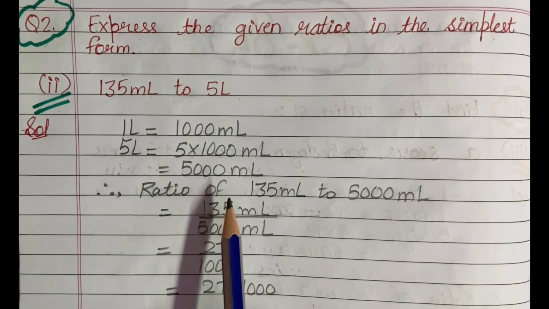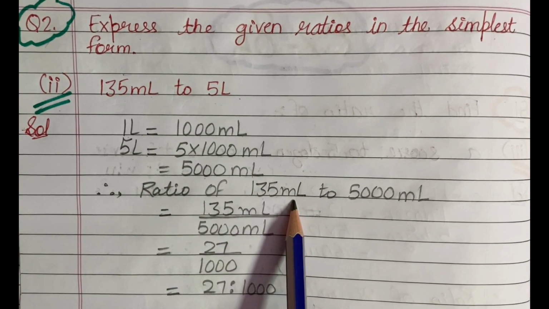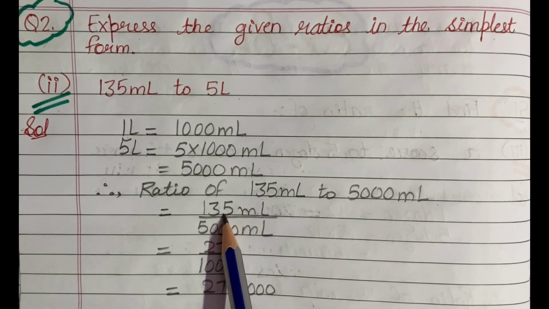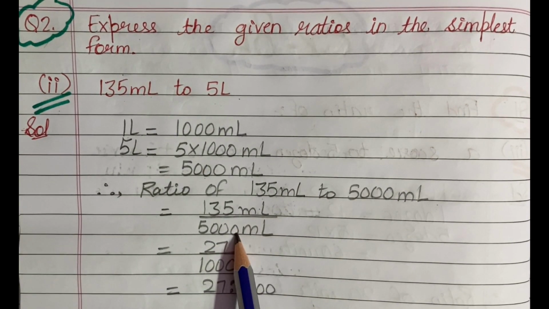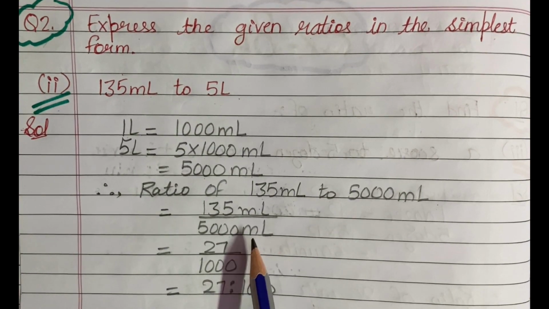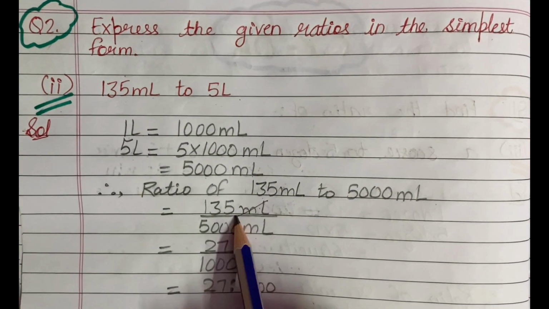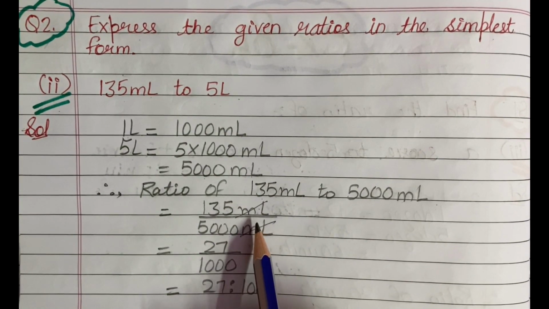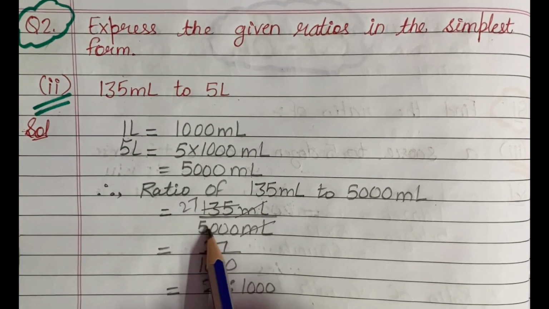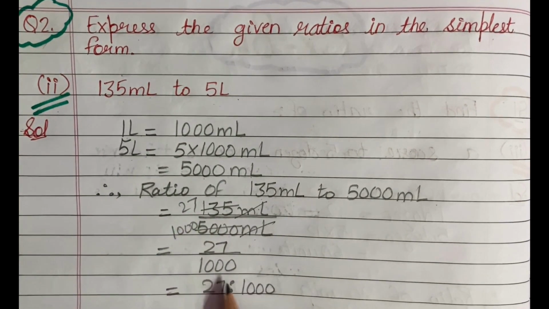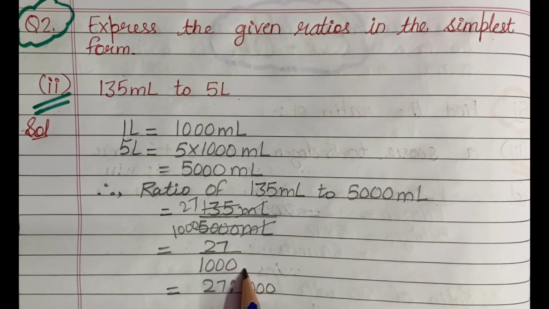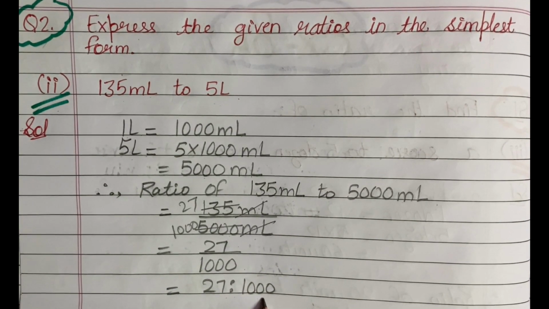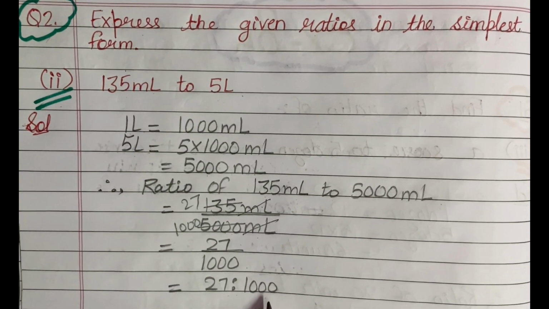Now we will find out the ratio of 135 milliliter to 5000 milliliter. So that means in the numerator we will write 135 milliliter and in the denominator we will write 5000 milliliter. And on solving this, milliliter will be cancelled out, and on dividing them by the table of 5 we will get 27 in the numerator and 1000 in the denominator. So we will get 27 by 1000 and that is equal to 27 is to 1000. Hopefully it is clear to you.